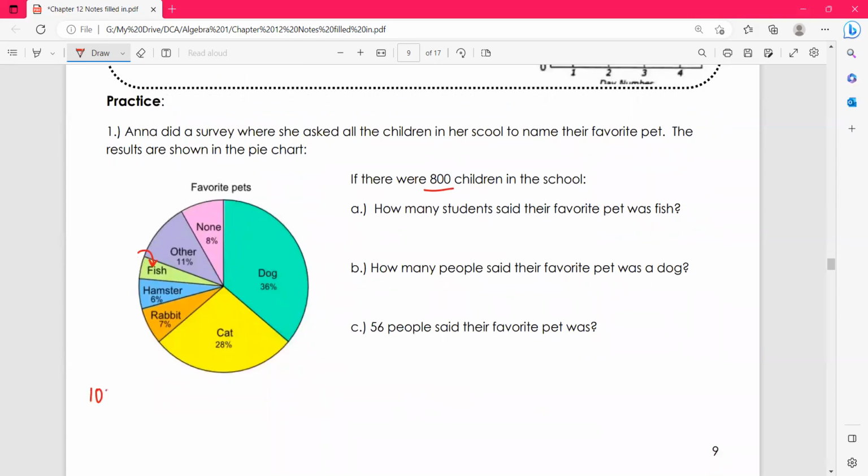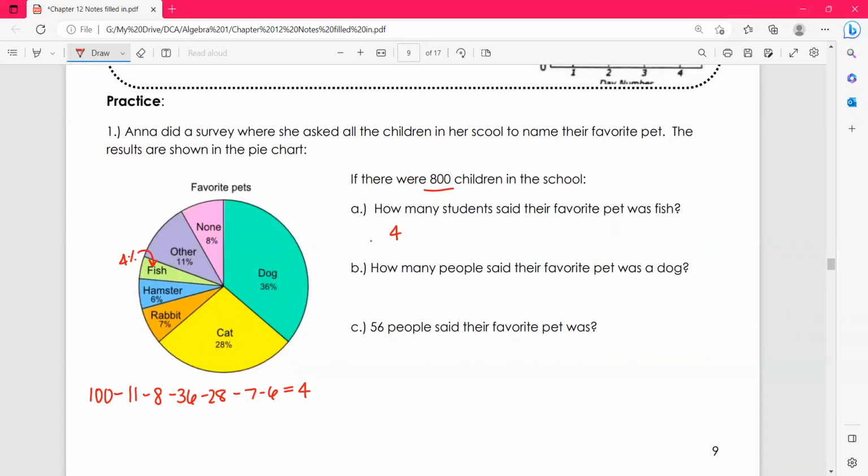So let's just do a little side calculation to figure out the percent of fish. We need to subtract all of these from 100. So I'm going to start with other: 11 minus 8 minus 36 minus 28 minus 7 minus 6. And when we do that, we get 4. So this is 4%. Now to answer the question, how many students said their favorite pet was fish? I can't just say 4% said it's fish; how many students?